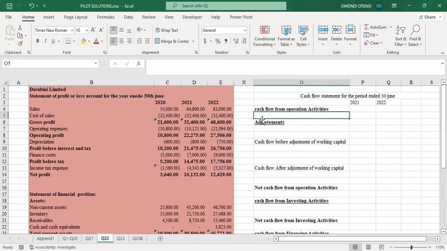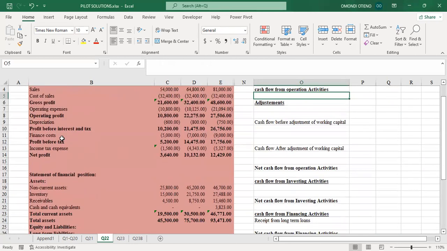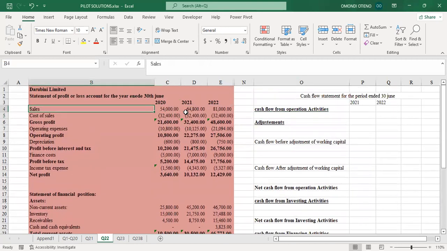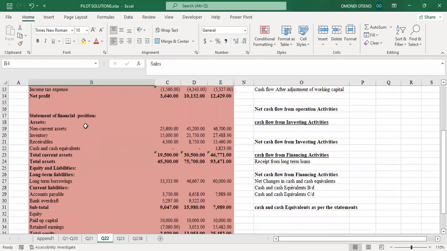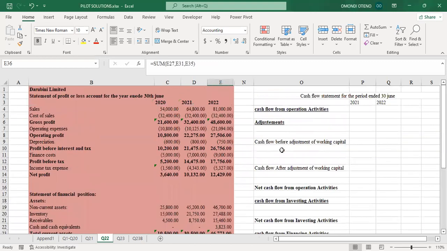So first of all, we must ensure that our balance sheet is balancing, and then we have the statement of profit or loss. So we have been given statement of profit or loss for the 3 years. We have our balance sheet down here, and as we can see, our balance sheet is balancing for all the 3 years. So let's now come to this cash flow statement and start working on the question.